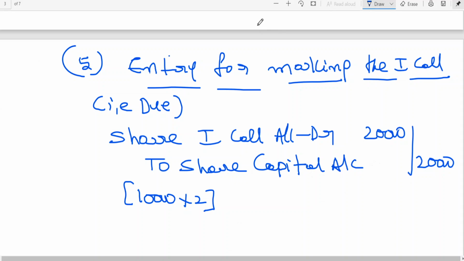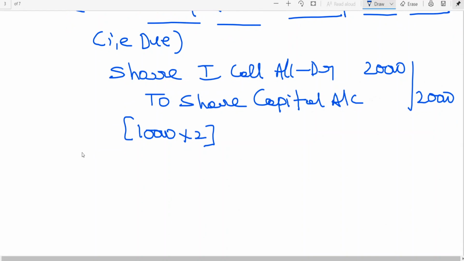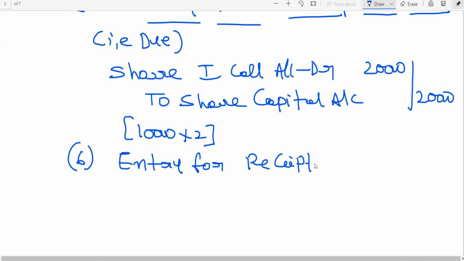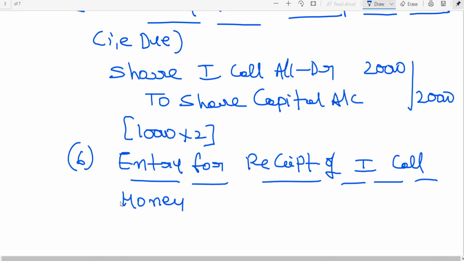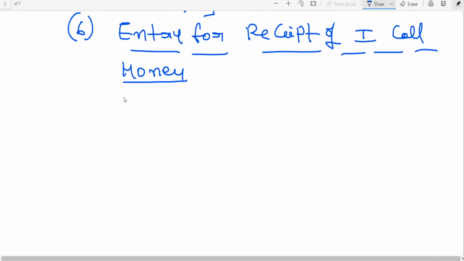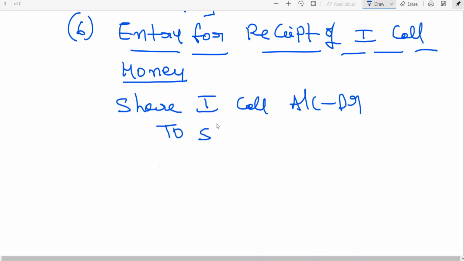The next one, sixth one. Entry for receipt of first call money. Share first call account debtor, entry for receipts.